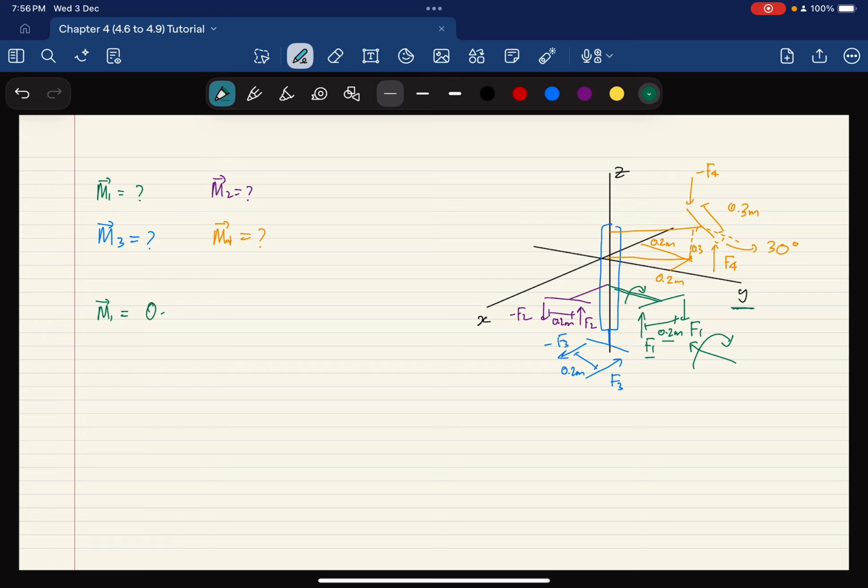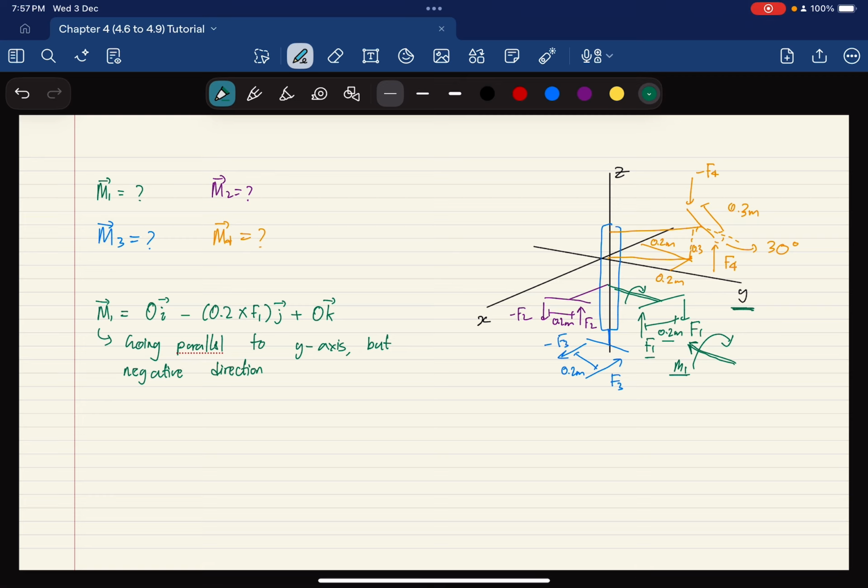The i component would be 0, but your j component would be negative 0.2 times your F1, plus your k component, which is also 0, because the moment vector M1 is going parallel to the y-axis but in the negative direction.